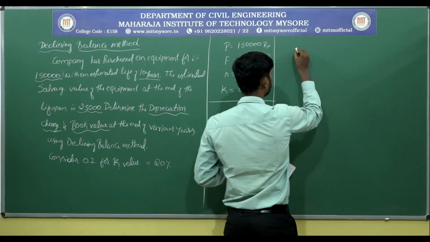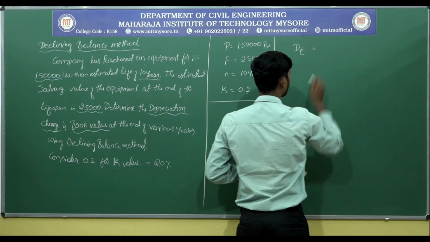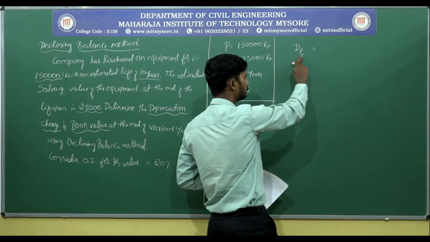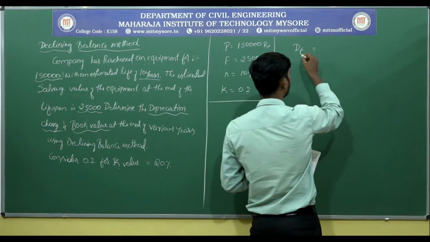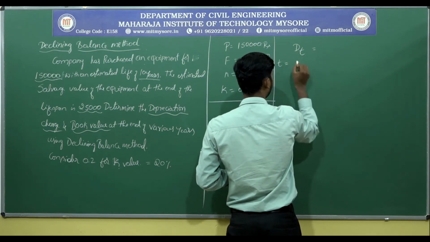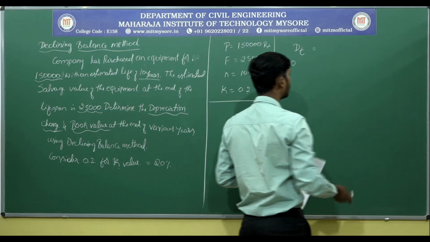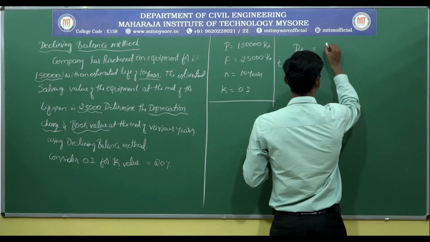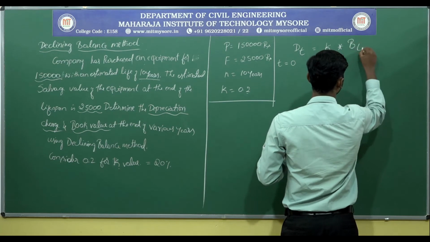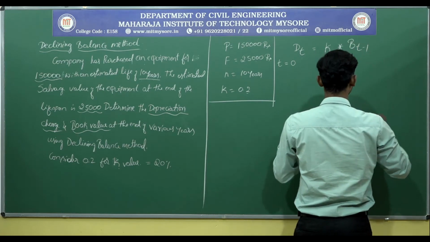The formula we know is dt, depreciation in terms of years. T stands for 1, 2, 3 or in terms of year. Let us consider T equals to 0. What happens? Formula is K into B T minus 1.